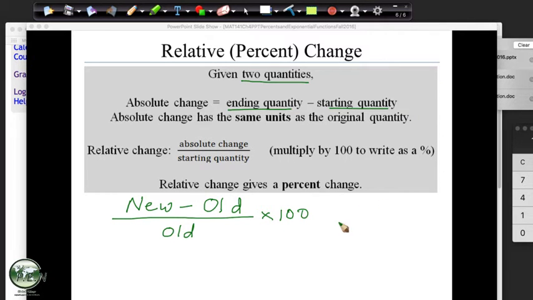That comes from the percentage. But instead of setting it all up, this is all we have to remember to do. New minus the old, divide by the old, multiply by 100. And we'll have our percentage for all of them. It doesn't matter whether it's a percent increase or decrease, we do it exactly the same way. Just the result will be negative if it was a decrease, and it'll be positive if it's an increase.